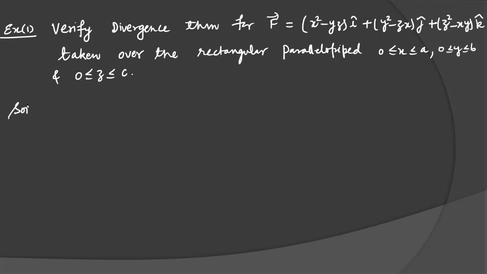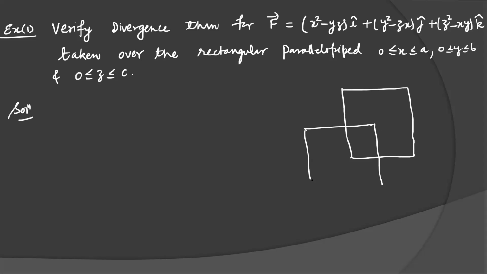Let's see the solution. Firstly, I am going to draw the parallelepiped, so the problem will become easy. It is a very easy way to draw a parallelepiped: draw two rectangles and meet them like this. Then extend these sides, and they will become the coordinate axes.